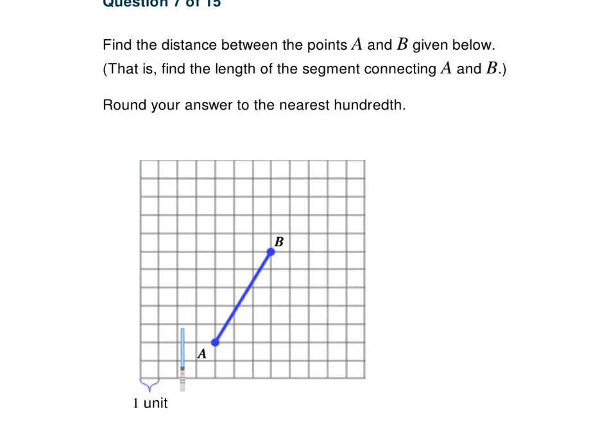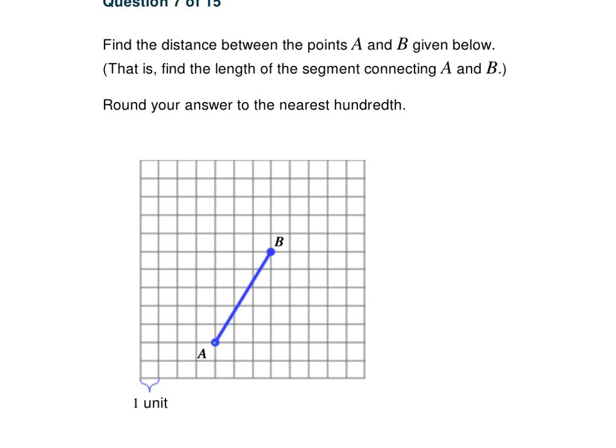Yes, it's asking us for the distance of A to B, and our minds would automatically go to using that distance formula. However, this does not give us ordered pairs or a coordinate. We don't have our x and y axis. So what we have to do is turn this into a right triangle.